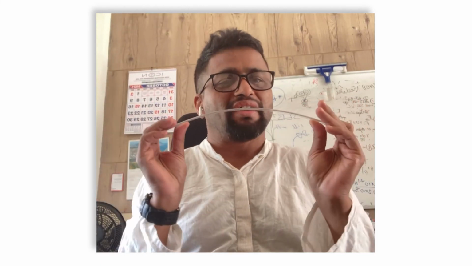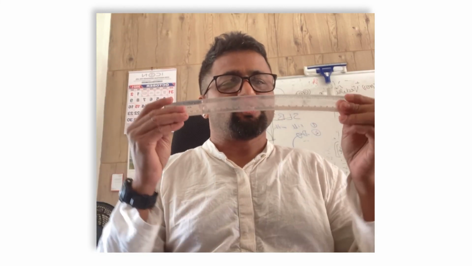Then, when H is perpendicular to the direction of bending, versus H being out of plane to the bending plane, so I'm bending in this plane but H is in this direction, I'm going to have an easier time bending it as opposed to this.